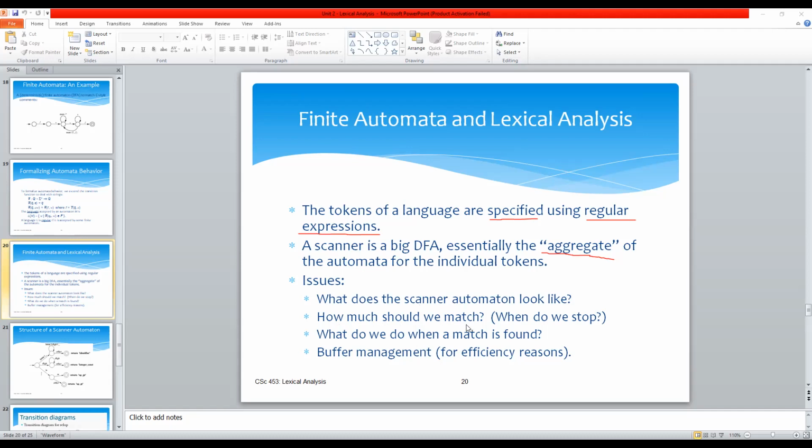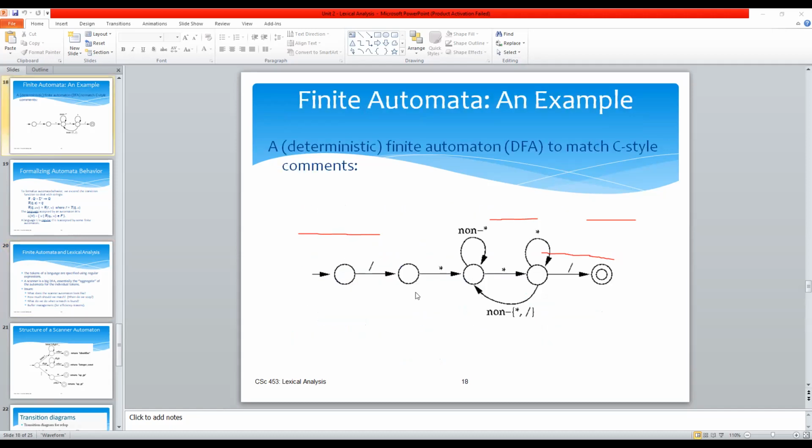How much should we match? In yesterday's example, we saw how much we should match. In a comment, first there is a slash and a star, and if I only check that there is a slash and star and do not check further, then it will not be considered as a comment, right?